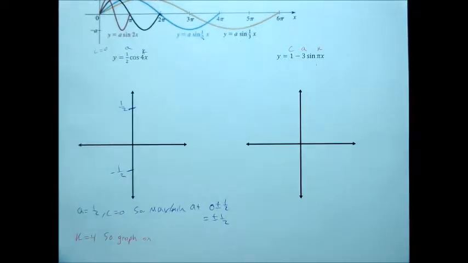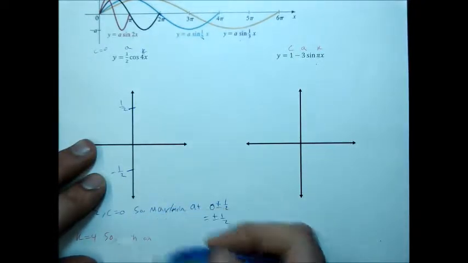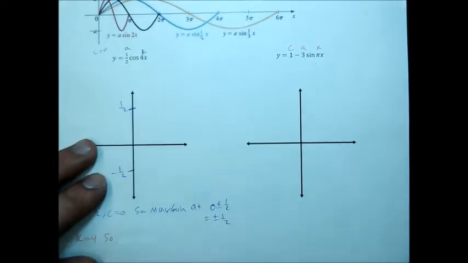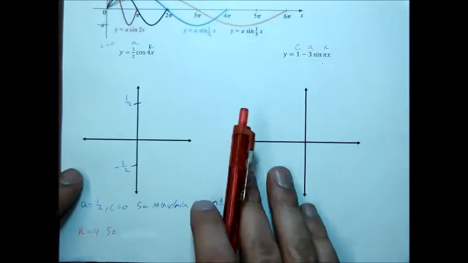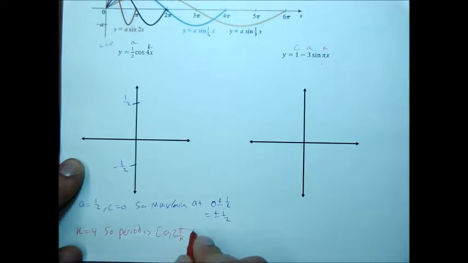Let me change that, actually. I mean, it's true, we do want to graph on that, but what I mean is the period has changed, and the period is now a different number. 0 to 2 pi over k.